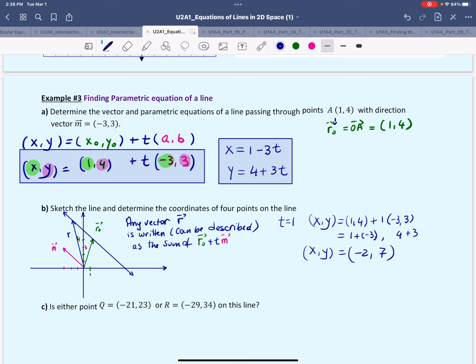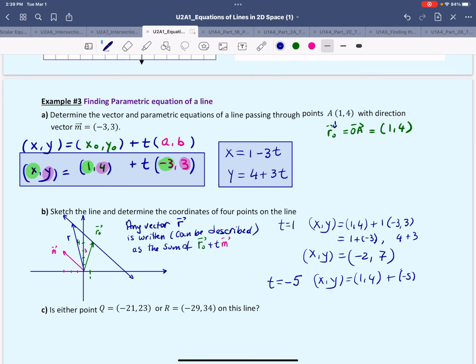So we're going to pick another value of t. We're not going to go as far as 4 points because they're found in the same way. So let's pick a more interesting t value. Let's say -5. So (x, y) would equal (1, 4), and this time we'll have -5 multiplying (-3, 3).